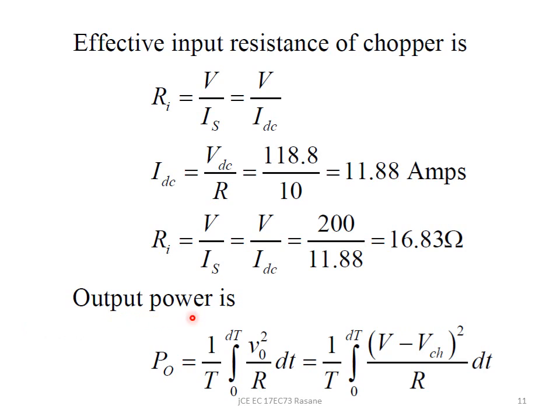Now we have to calculate the efficiency. For that, let me calculate the output power. So output power is nothing but equal to 1 upon T, integral from 0 to D into T, so that is T on, of V naught squared by R dt. So this I will be getting as 1 upon T, integral 0 to T on, of V naught squared, which is nothing but V minus VCH the whole squared by R, okay, into dt.